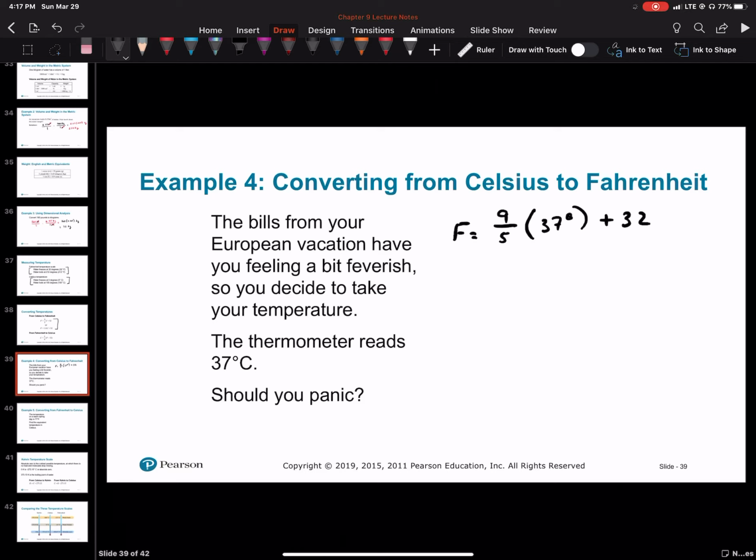So when we put that in the calculator, we got 9/5, then it's times 37, then you add 32 degrees to it. So in Fahrenheit, it would be 98.6 degrees, which is normal temperature.